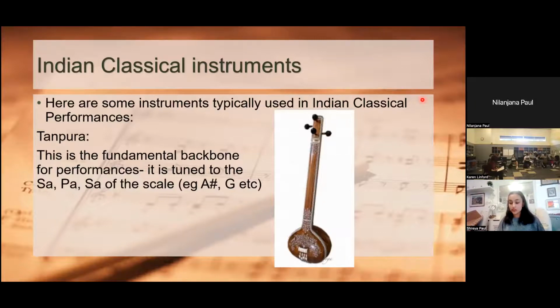This is used in performances and in practicing or learning, to keep your scale correct. If your scale was A sharp, the sa would be tuned to A sharp, or if your scale was G, you would have the sa tuned to G.